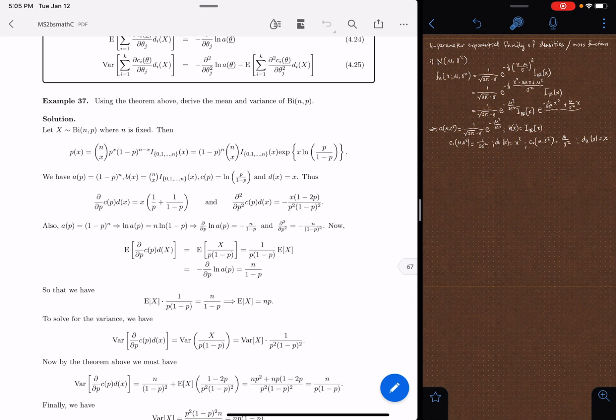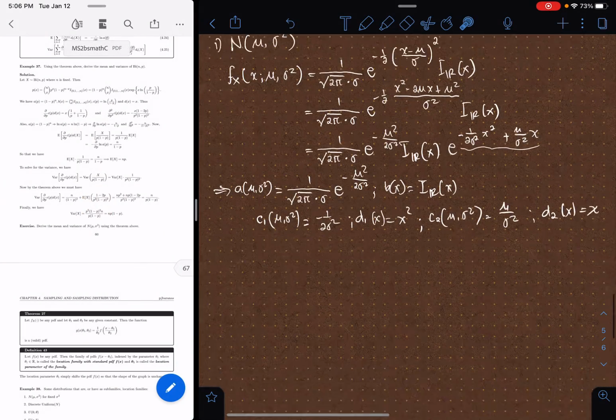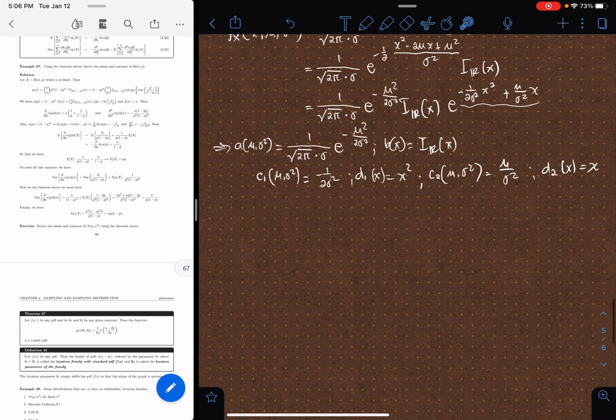So, saan yung C natin? Yung C of theta natin is ln of P. So, sulat ko na lang muna dito. Yung C of P natin, that's for, ano example ba to? Example 37. So, this is from example 37.